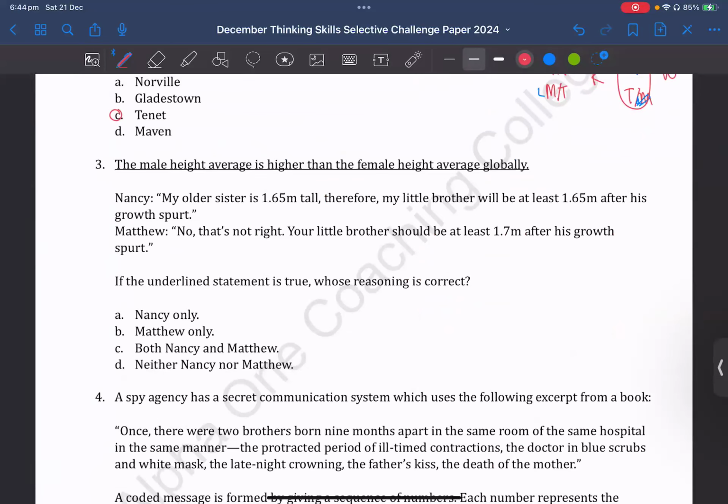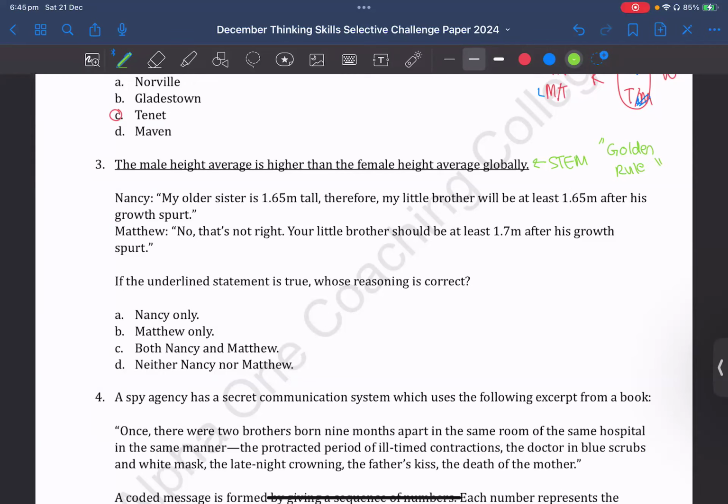the male height average is higher than the female height average globally. These sort of questions, I like to call it a sort of golden rule. These are basically the argument type questions where 2 people are saying something and you just want to see, okay, which one is, are either of them correct or incorrect?